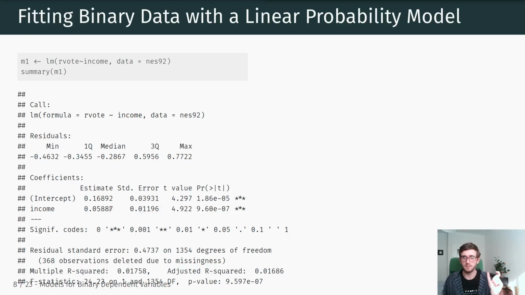So basically, where one set of respondents has one higher income bracket than the other, this model predicts that the expected vote share for the Republican candidate, for Bush, is about 5.8 or about 6 percentage points higher among the respondents with the higher income bracket, in expectation, of course.